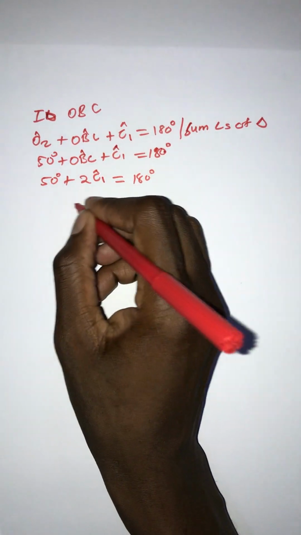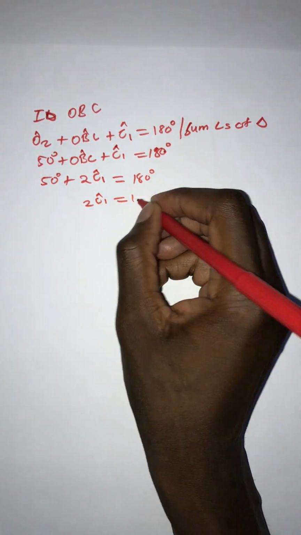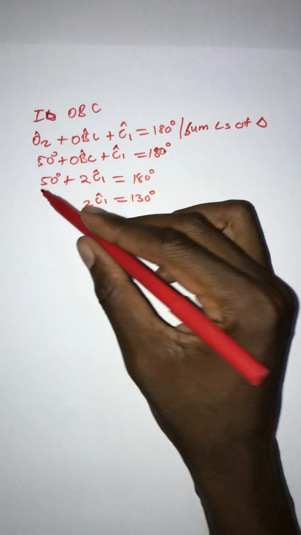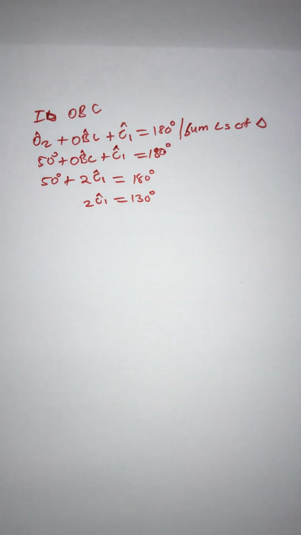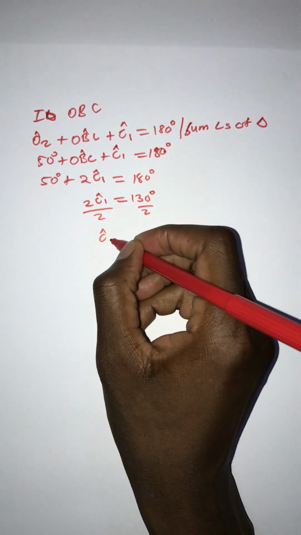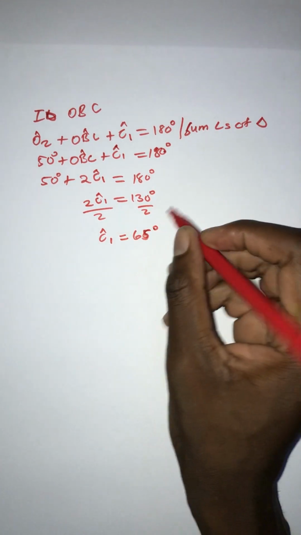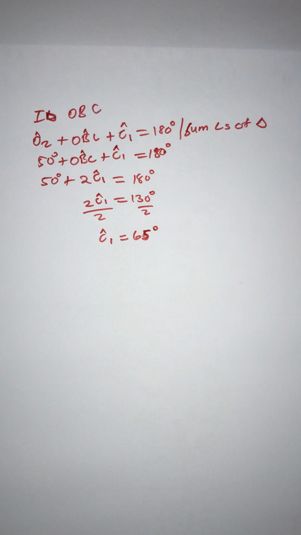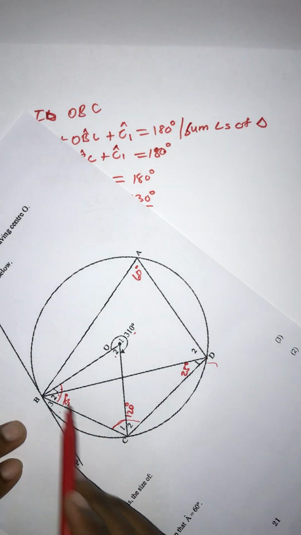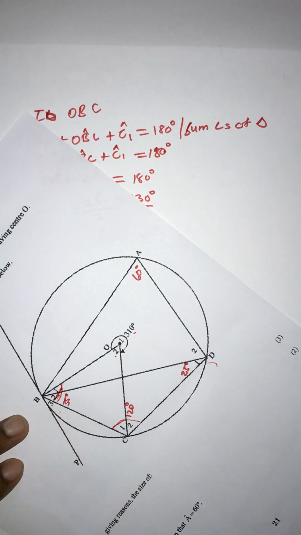So take this to the other side. We're going to have 2C1 is equal to 180 minus 50, which is 130 degrees. So we divide by 2. Angle C1 is equal to 65 degrees. So this angle here is equal to 65 degrees.